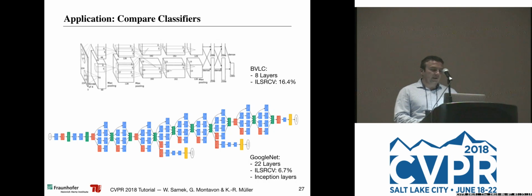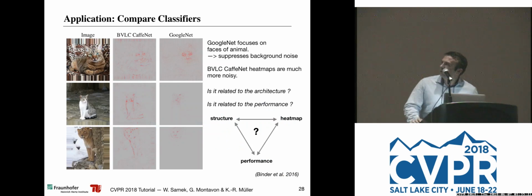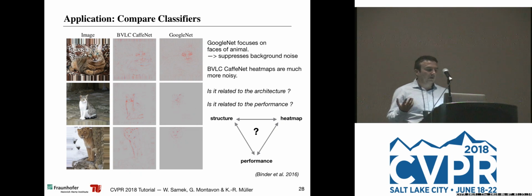Also here we see, I don't know if it's visible, probably yes, that both models have a different focus. The GoogleNet really focuses on the faces of the animals. It's much sparser than the reference CaffeNet model, and it better suppresses the background noise. It doesn't put a lot of relevance on the background, but really focuses on the object itself, on the face, on the details which are important for classification.